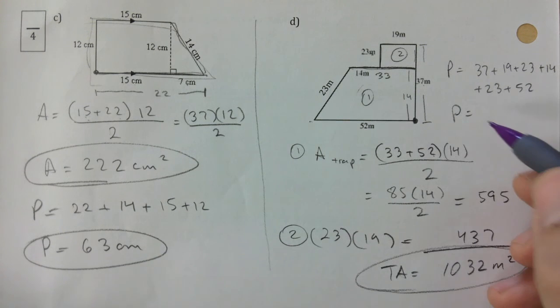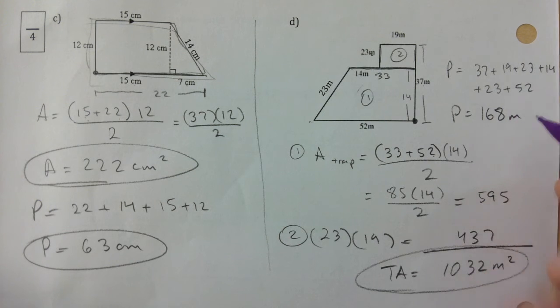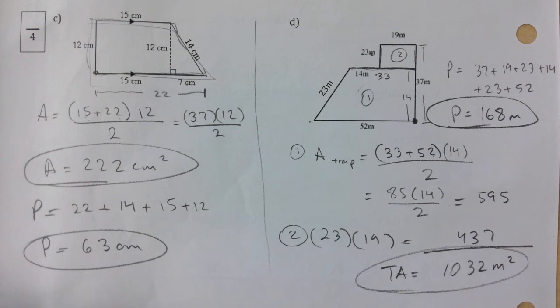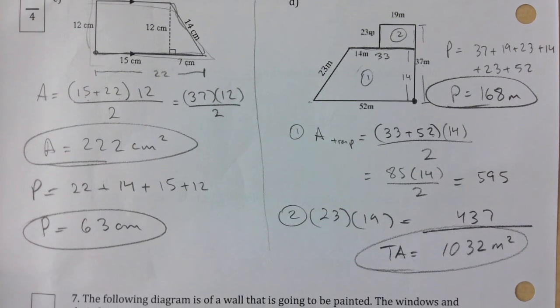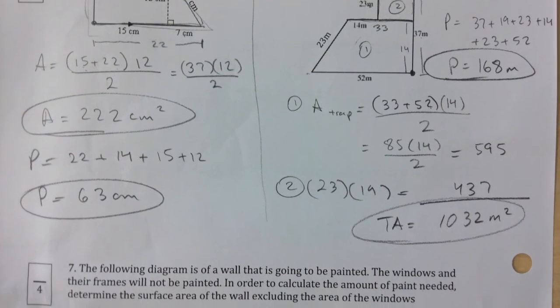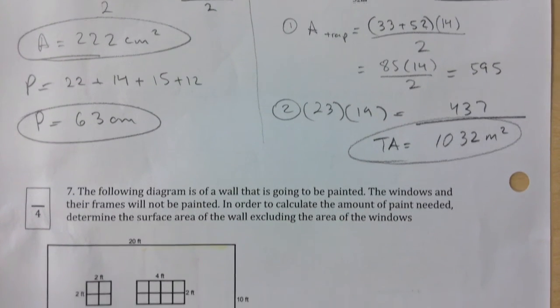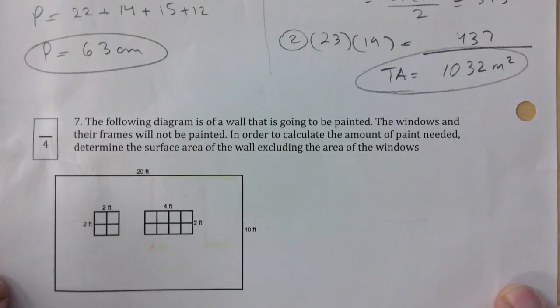I get 168. 168 meters. I'm recording this, so if I'm going a little bit too fast, make sure you go through it later on and you double check, okay? I just don't want to run out of time.